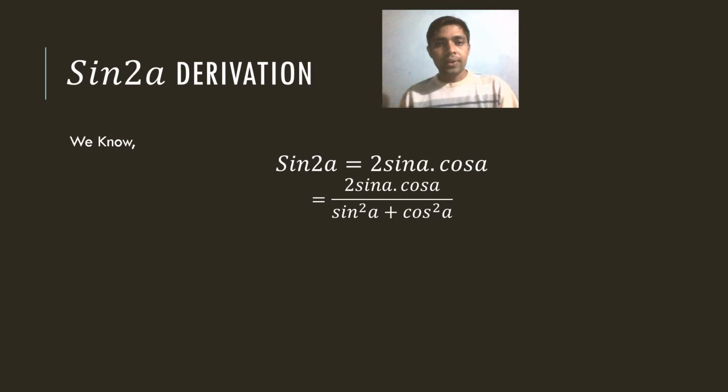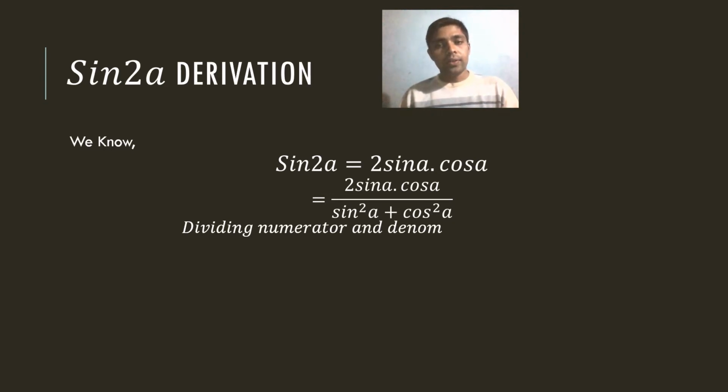So as we divide, we get it in numerator and denominator format. Then we'll divide both numerator and denominator by cos square a, because we have to convert to the form of tan.